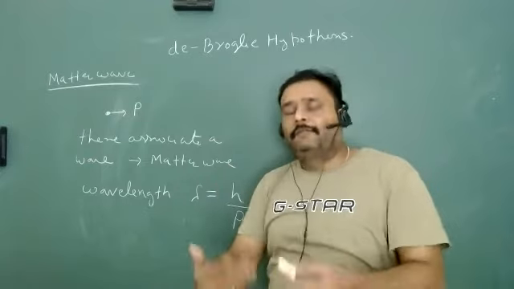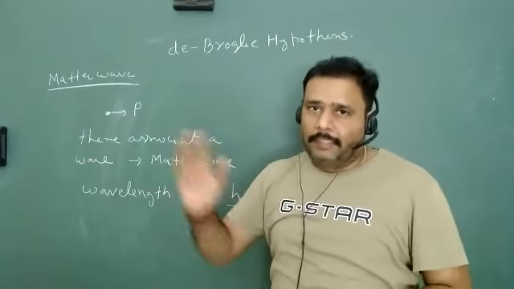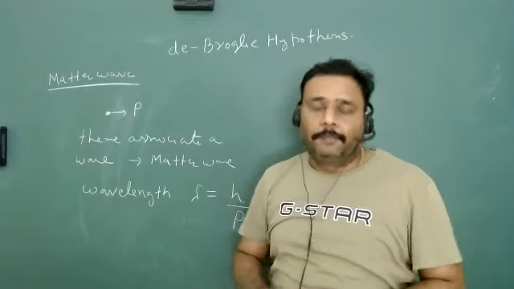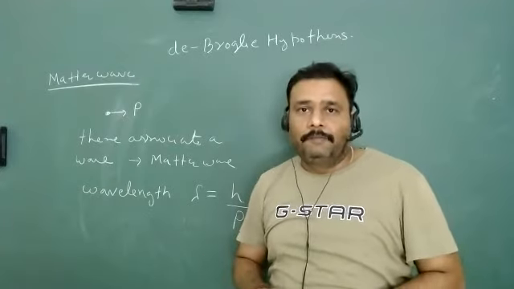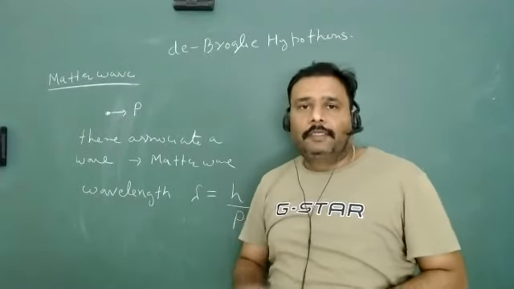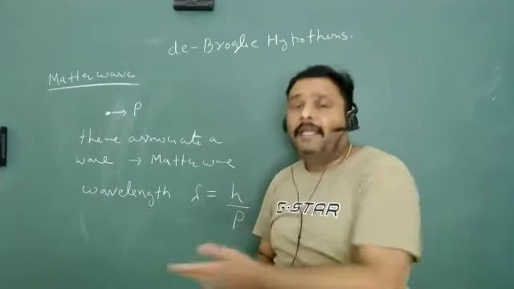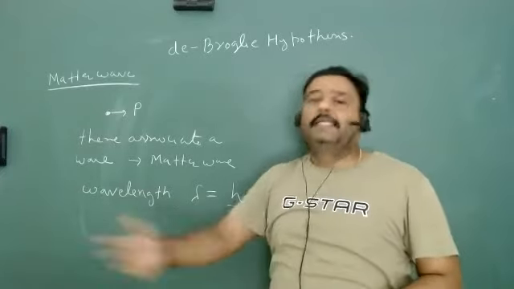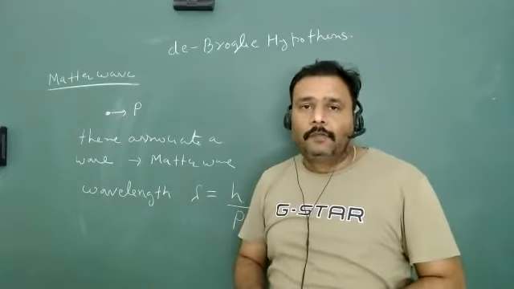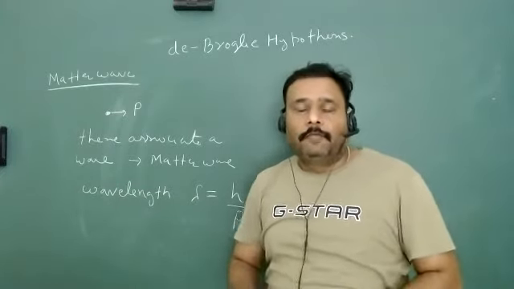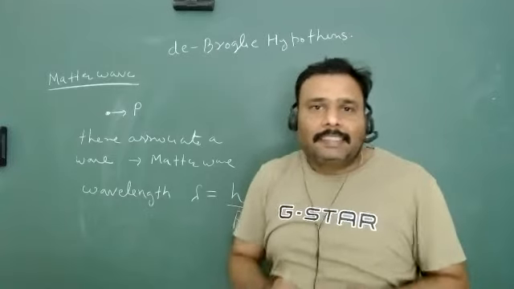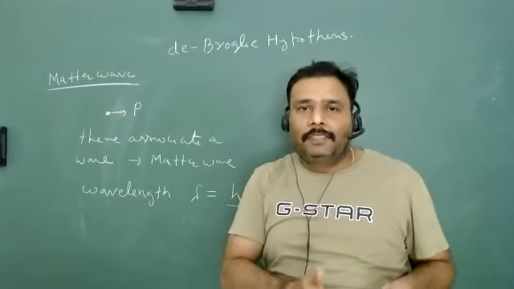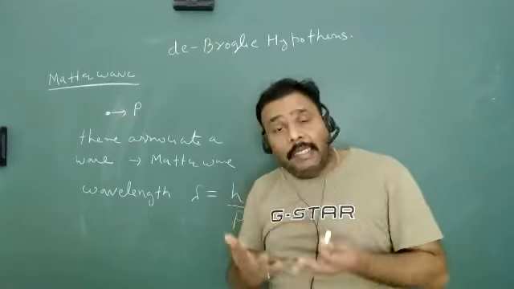I will discuss it when we get to the uncertainty principle or quantum mechanics, how an electron gives the interference pattern. There is even an experiment I will discuss in the next class tomorrow, from which you can verify that yes, there is a lambda associated with an electron.